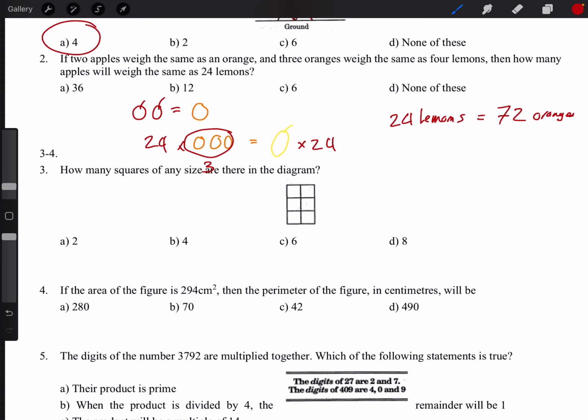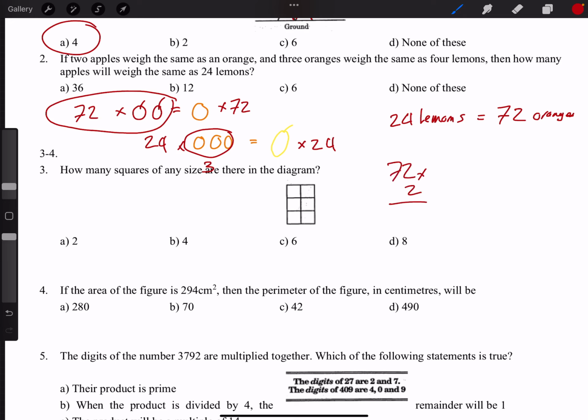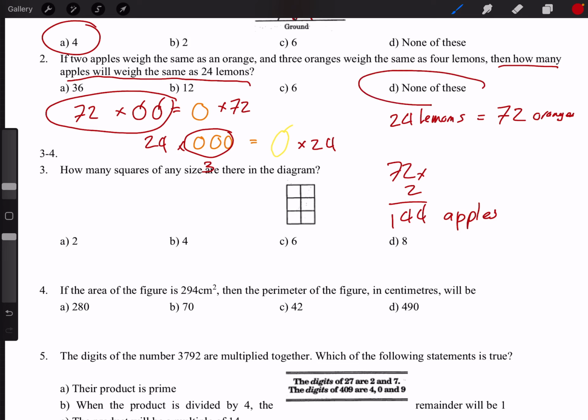Okay. Now each orange, so that means you have 72 oranges here. If that's times, that means this must be times 72 as well. So therefore, 72 times 2 apples. So 72 times 2, that gives you 144. 144 apples. It says how many apples will weigh the same as 24 lemons? Oh, none of these, because the answer is 144 apples.